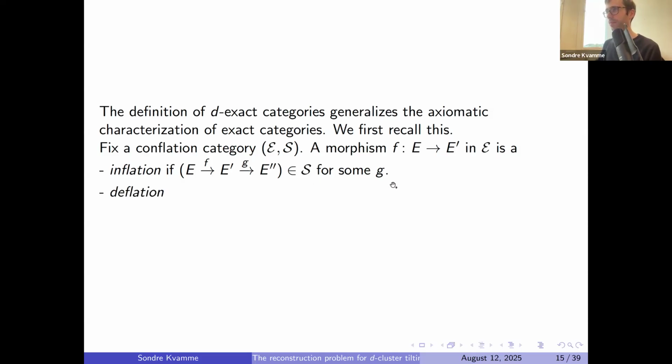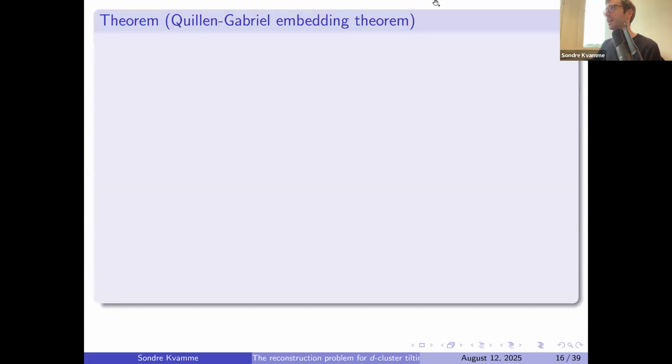And it's a deflation if it's the rightmost part of a kernel-cokernel pair in our class, so if it's the cokernel of some kernel-cokernel pair in our class. So we have the notion of inflation and deflation, and we can use that to define exact categories.